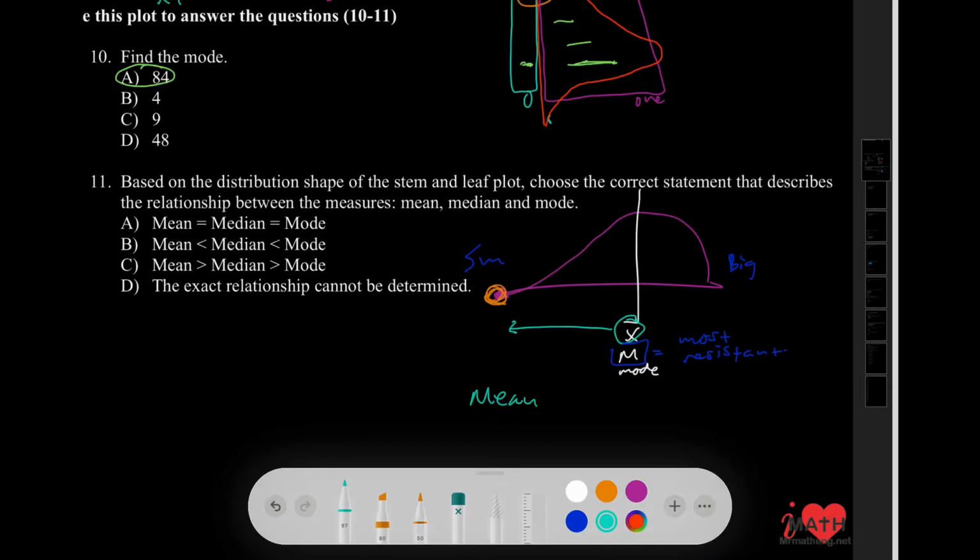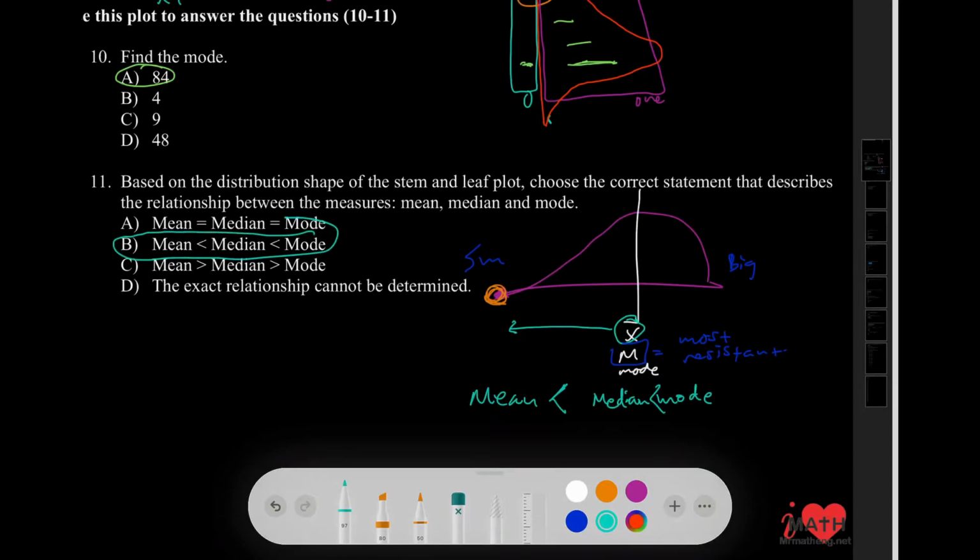The mean moves a little bit, and the mode is going to stay the same. It doesn't change. So the mean is smaller than the median, and the median is smaller than the mode. The median changed a little bit, but not by much, and so you have an answer here. That choice is B.